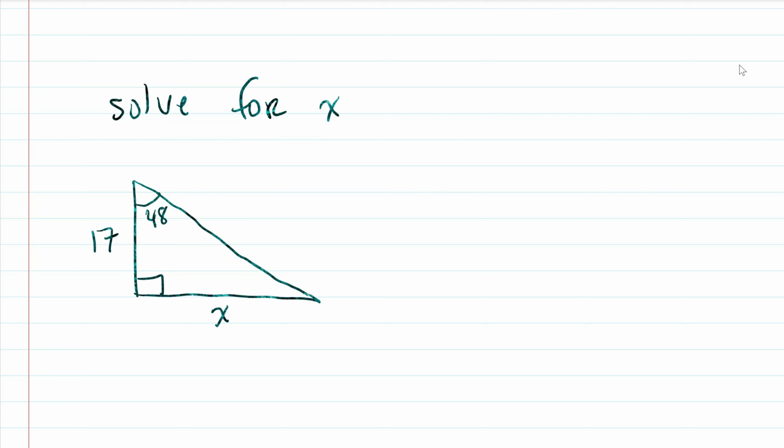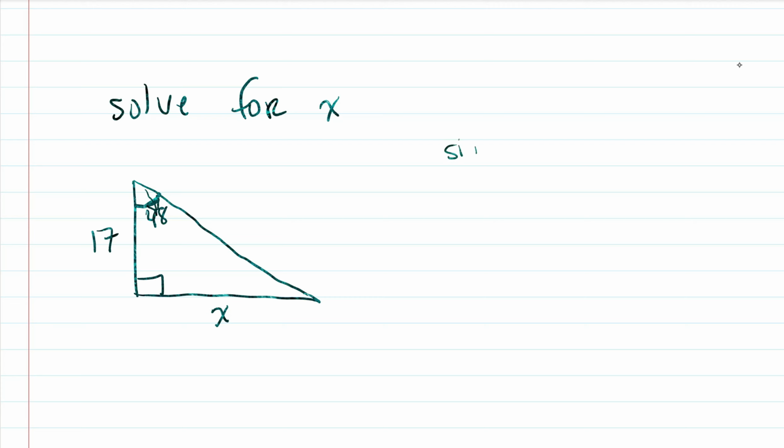Looking at a problem like this, the first thing you would take a look at is that the angle they give you is 48. So all of the trig ratios will be looking from that viewpoint, right?